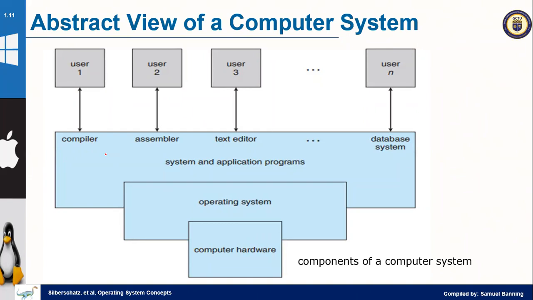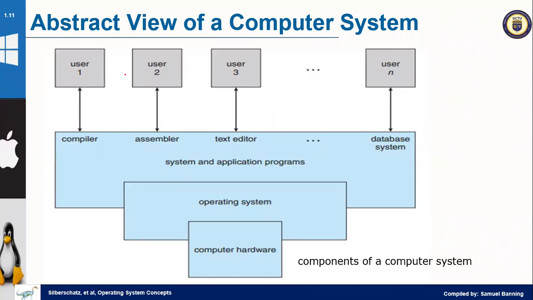Then we have the software or system applications. These are the software we use in solving our daily problems, like compilers, assemblers, text editors, Word documents, PowerPoint, games, database systems. All these are application programs.